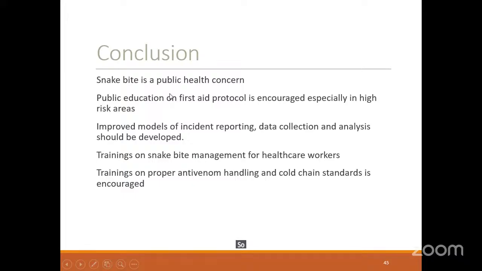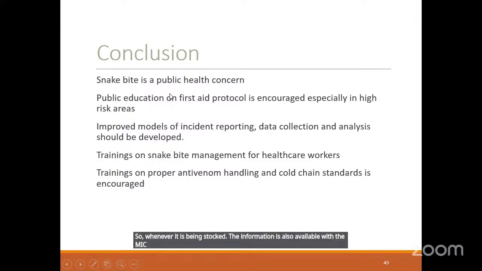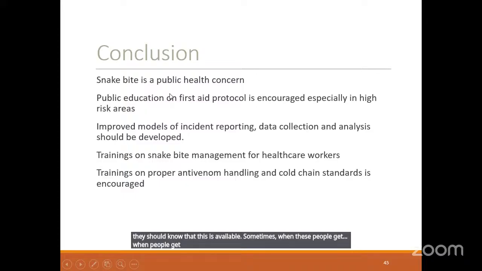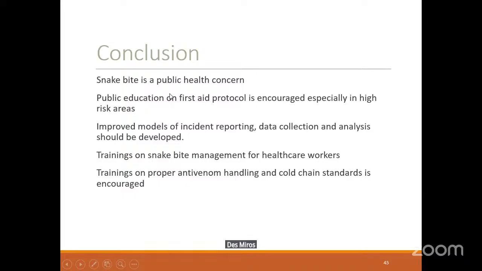So whenever it is being stocked, the information is also available with the MIC or the A&E pharmacy, especially for major hospitals in that region, so that the information is adequately disseminated and the community knows that this is available. Sometimes when our people get bitten by snakes, they rush to primary health care centers, which may not be adequately positioned to treat.